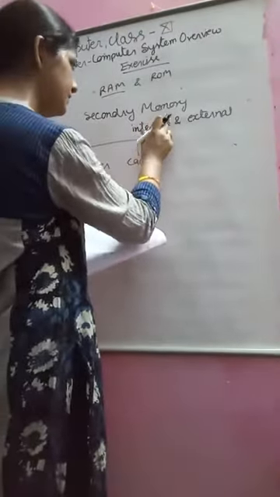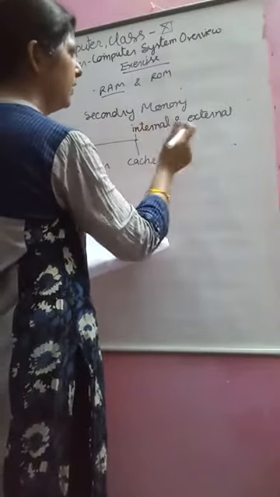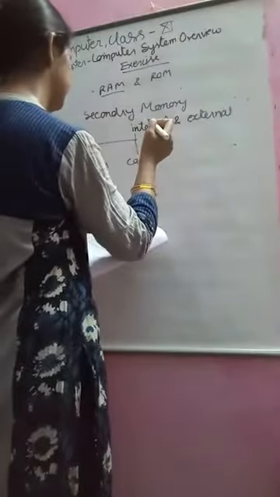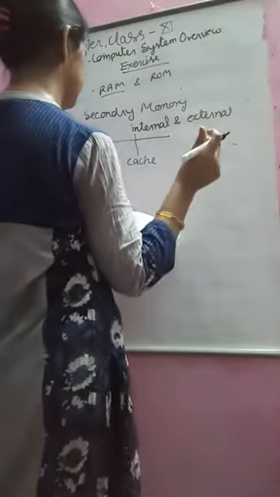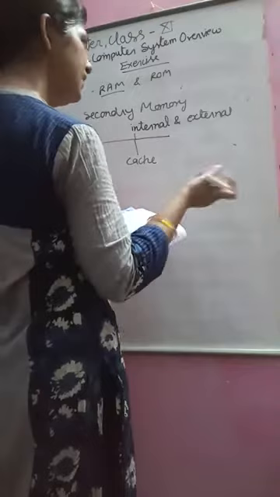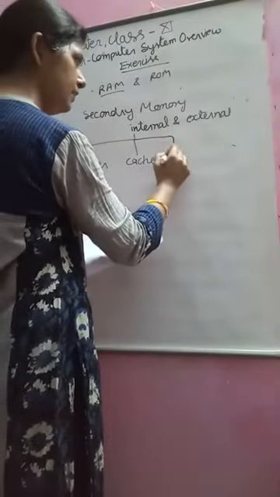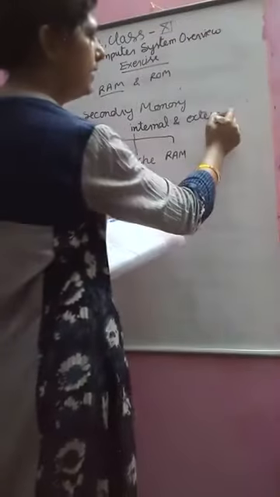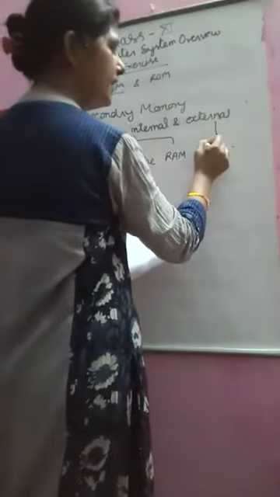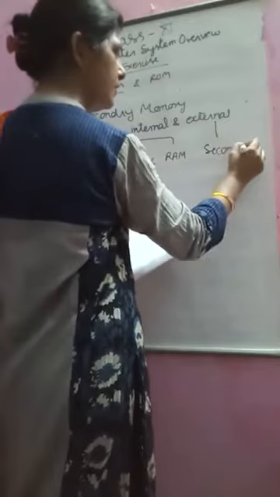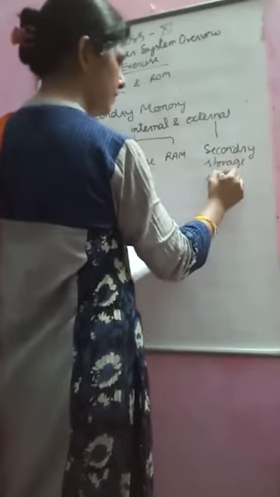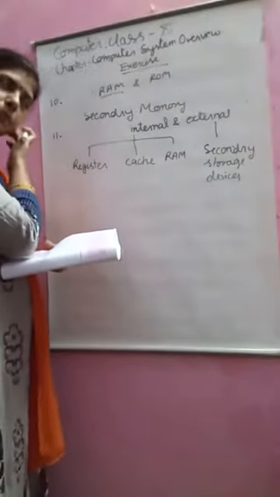Register and cache are internal to the processor. And external memory, internal to the CPU. Here the RAM is also in the internal one. And external are all the secondary storage devices, which are external to the CPU.